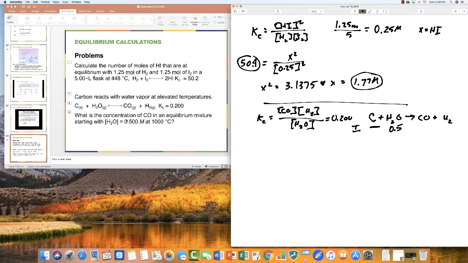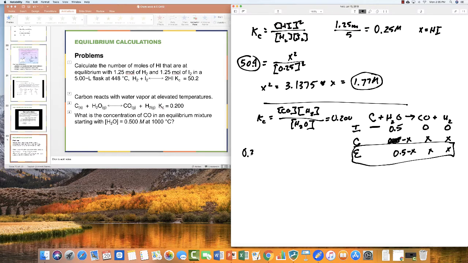That's right here, 0.5. Initially, there's none of this and none of this. The change in concentration of these two, each is X. The change here is minus X. And so the final is going to be 0.5 minus X. And this is X, and this is X. And so these are what you're going to use to find the answer over here.